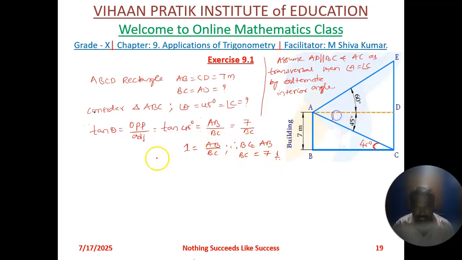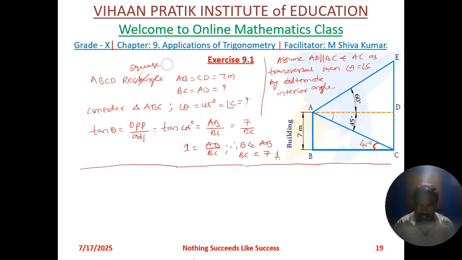Therefore this is actually a square. ABCD is a square. We assumed ABCD as a rectangle, but it is actually a square. Then we'll continue to find the next triangle. BC is 7 meters.